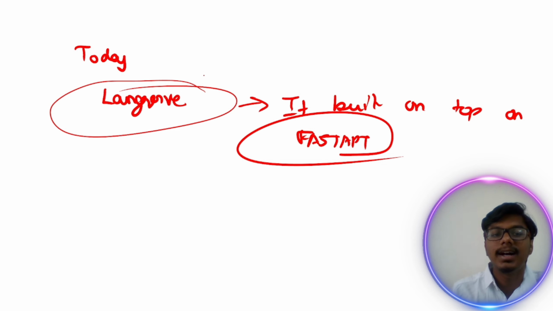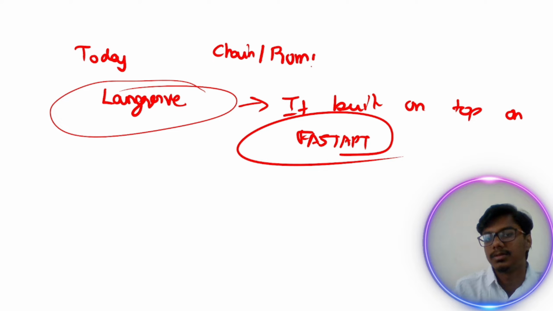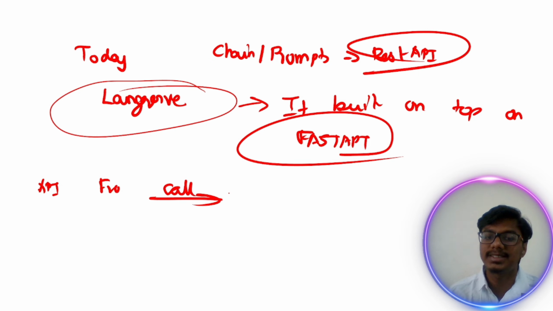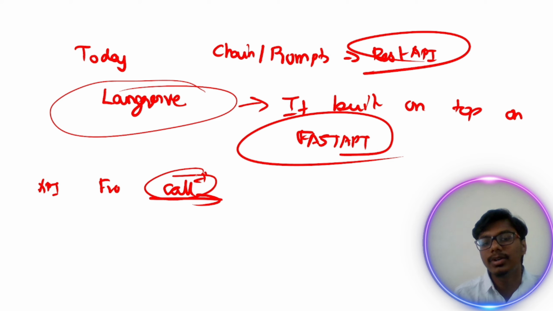It uses the chains and prompts, which are converted to use the REST API. What is the REST API? An API is nothing but the front end making a call to the backend. A normal API is where we simply call.